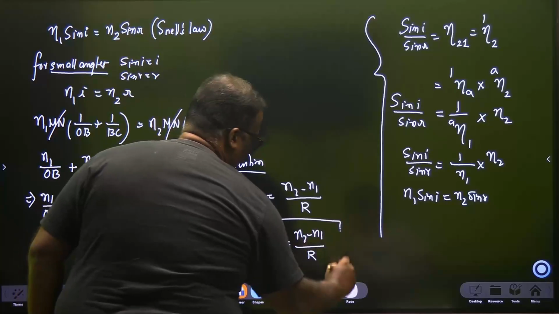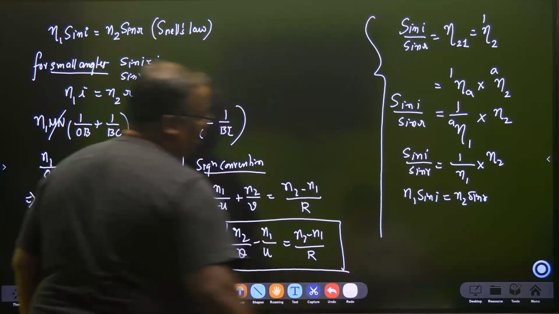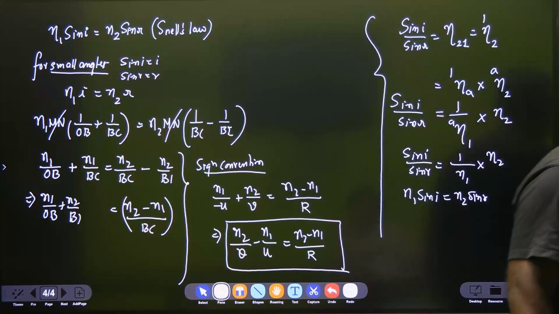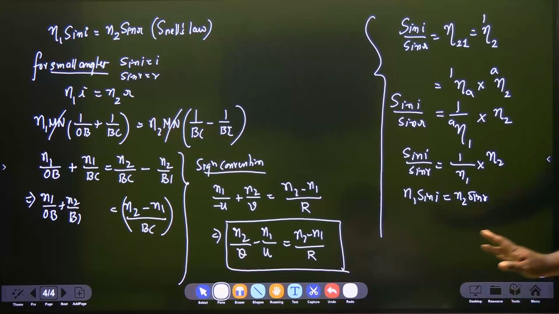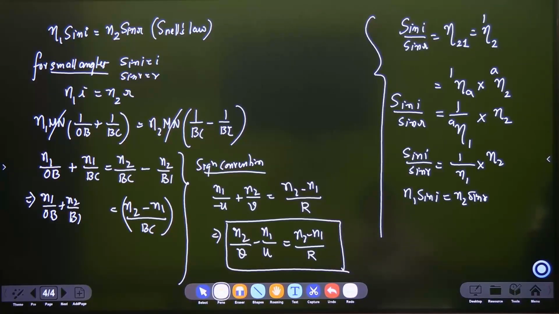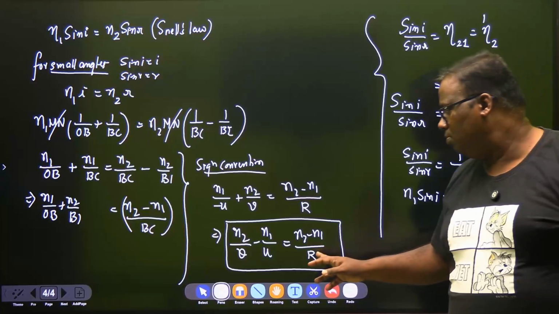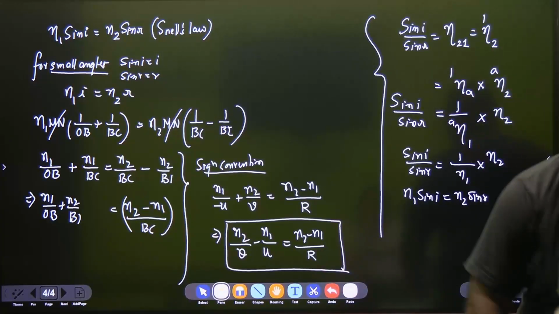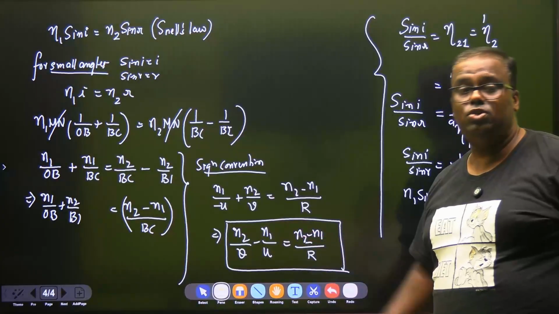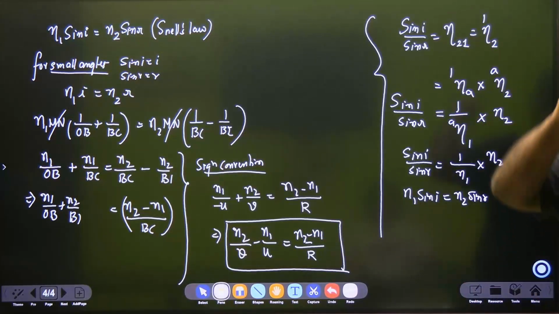This is the formula for refraction at a spherical surface. Remember this formula, but you will confuse it in the next derivation when we do the lens formula. Everyone confuses. The reason is this is a parent formula. This is always true. But while this is true, you should remember N2 is the medium into which the ray went.